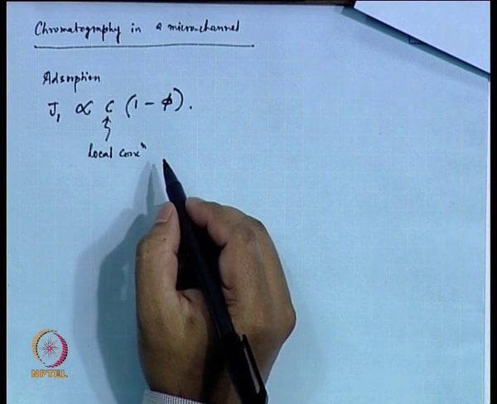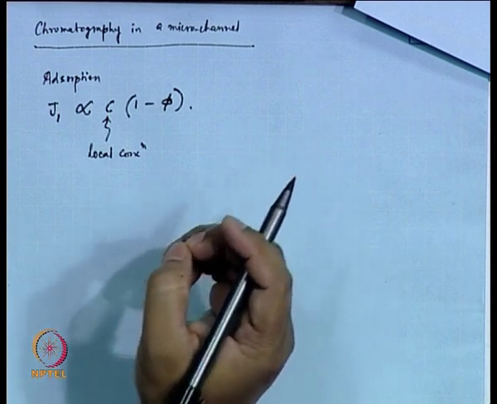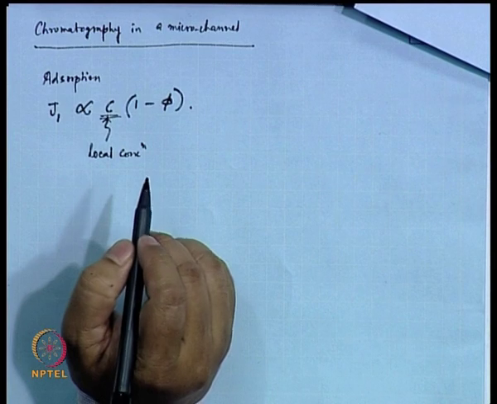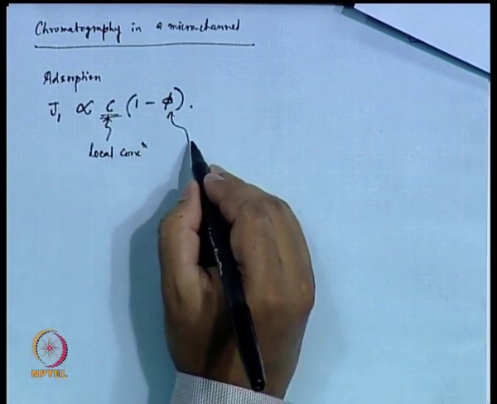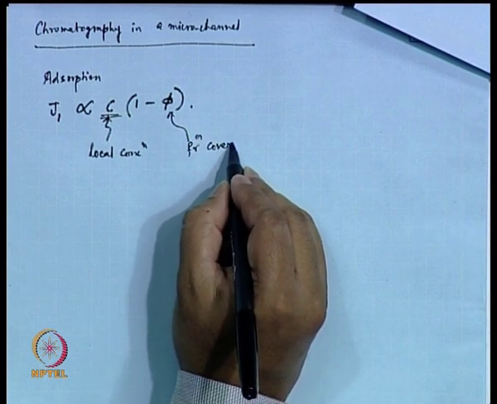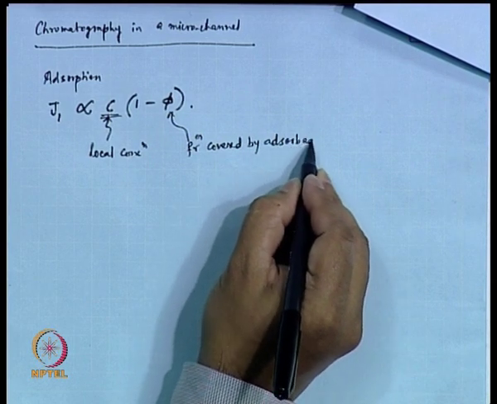So, if you are injecting the gas phase into this microchannel, then the local concentration of component A in the gas phase is what is referred to as C. And what is phi? This phi is the fraction covered by the adsorbed monolayer.